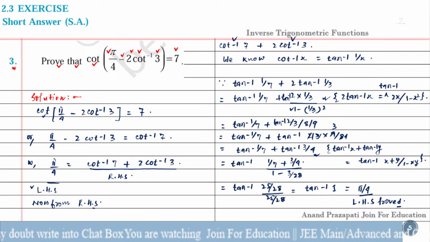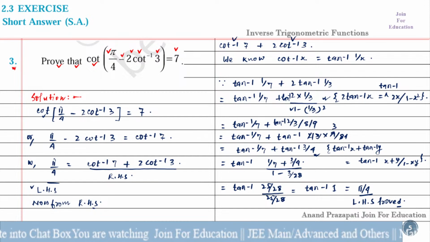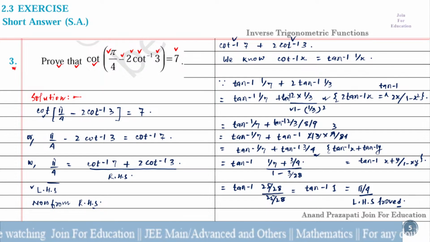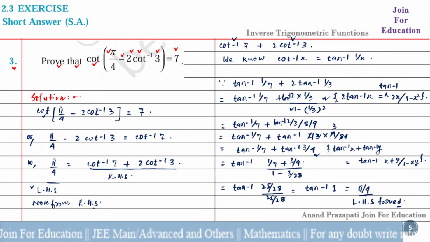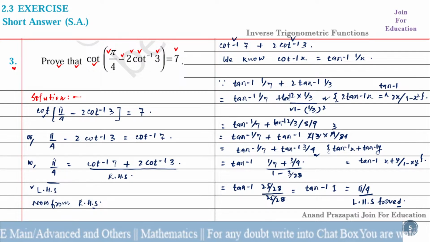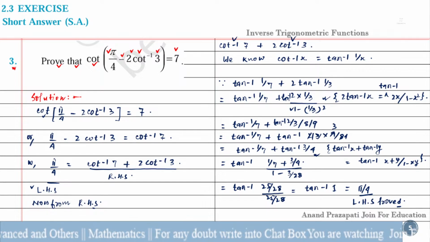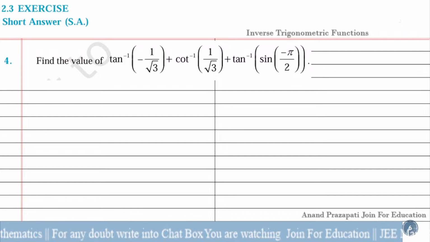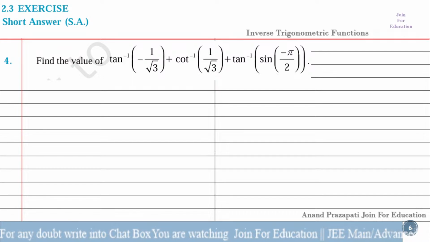So hope there is no problem understanding the solution of question number 3 as well as the explanation of the solution of question number 3. If you have any doubt, write into the live chat box as well as in the comment box. Let's see question number 4.